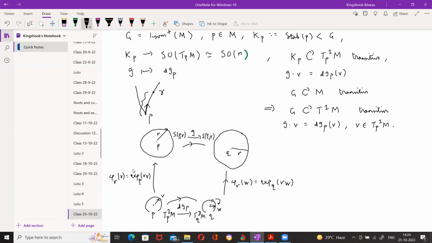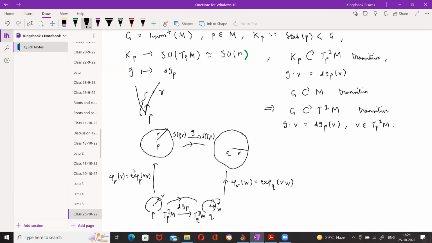Because this map is sending V to, you take the geodesic with initial condition V and then flow along it for time r. And then I apply the isometry G. So G is going to send this geodesic to another geodesic starting from Q. And the initial condition of this geodesic is going to be given by the value of the derivative of G acting on V, right?